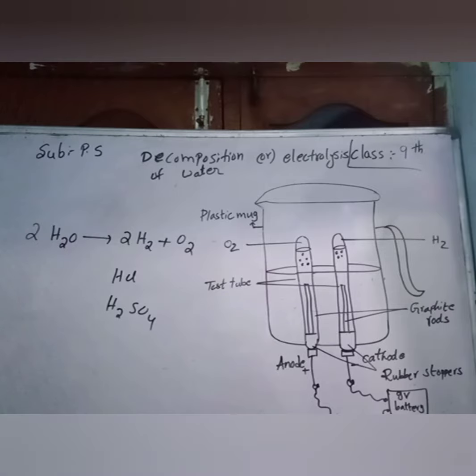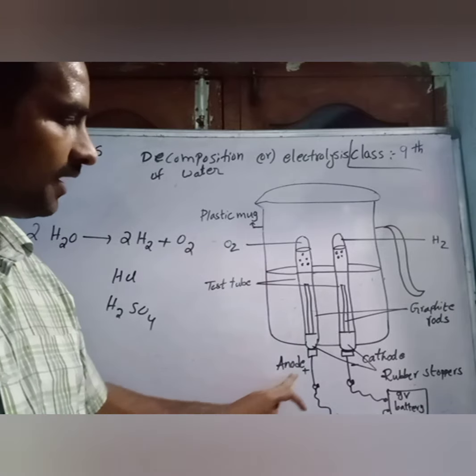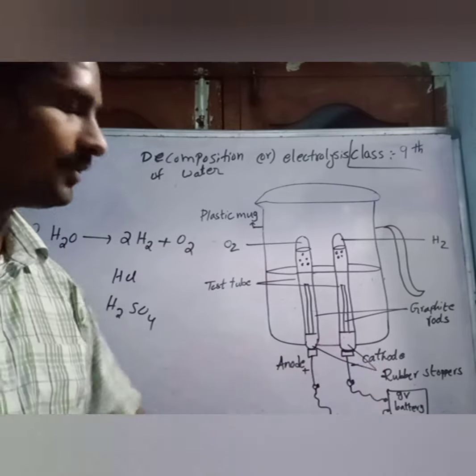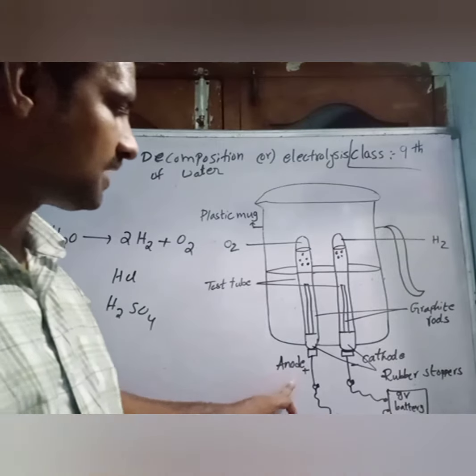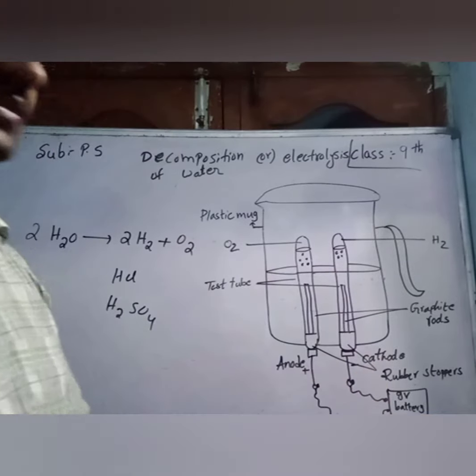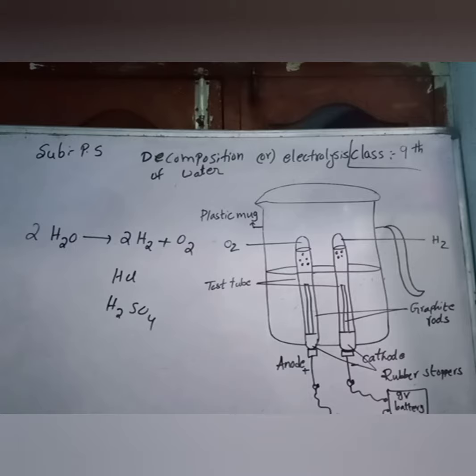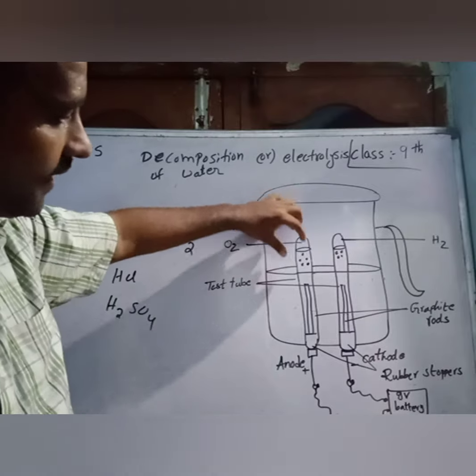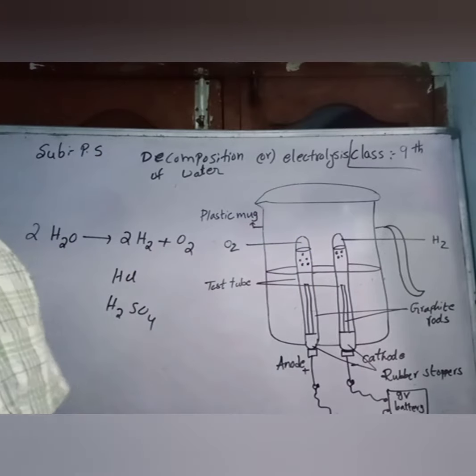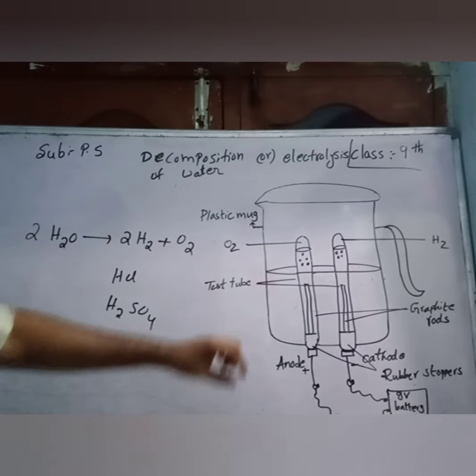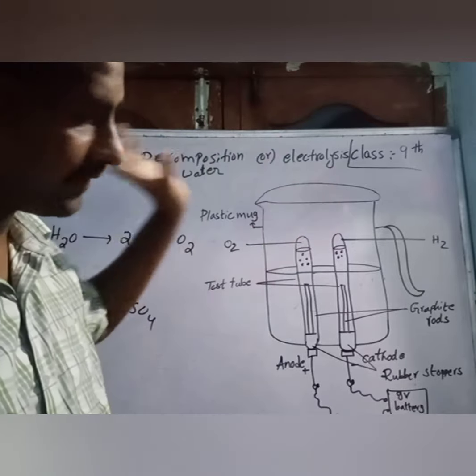This one acts as the anode, and the second electrode acts as the cathode. Anode means positive charge, cathode means negative charge. Clear? Now take two test tubes filled with water and invert them over the two electrodes.